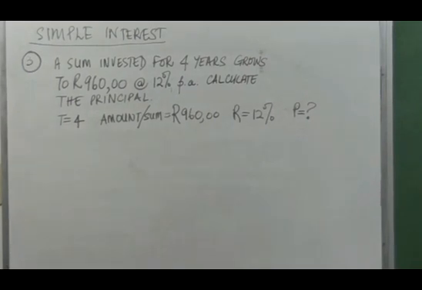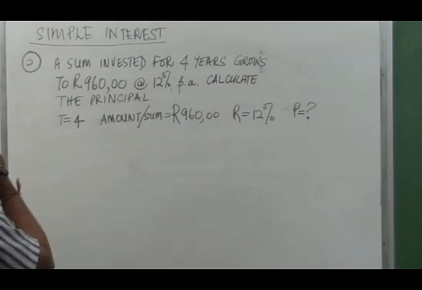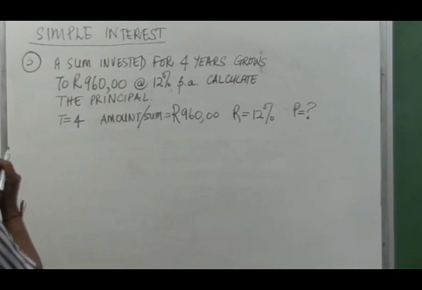Right, so now we want to work this example out. If we look carefully, we find that this sum has grown to 960 Rand, and the rate is 12%, and the time is 4 years, and you want to know what is the principal.